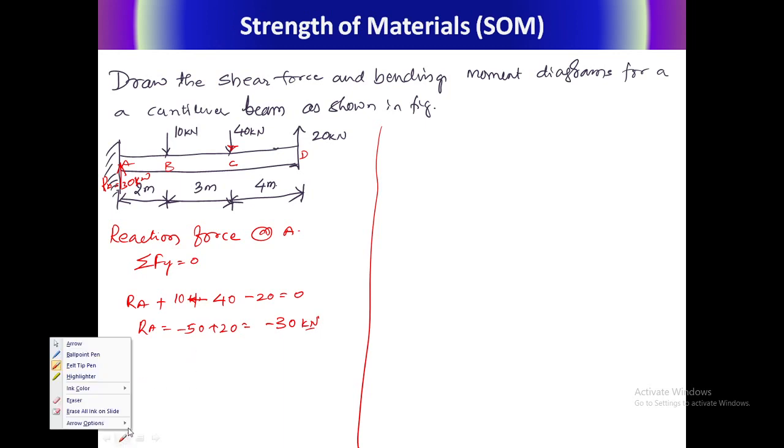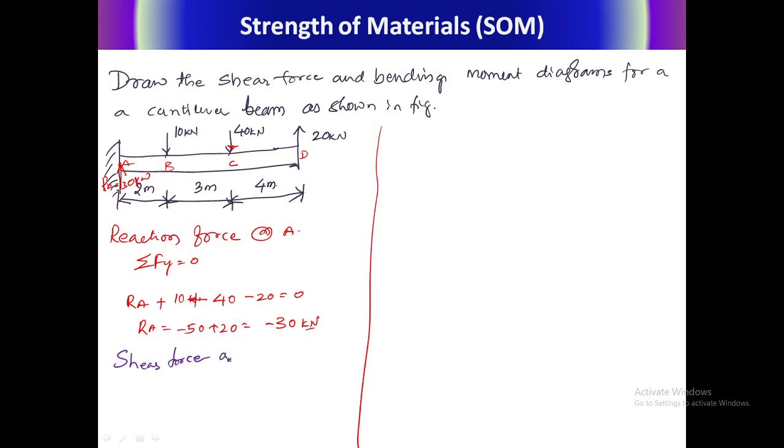So now we need to find out the shear force at point D. In this case, consider the section XX at a distance of x from its free end. You just observe the section considered.